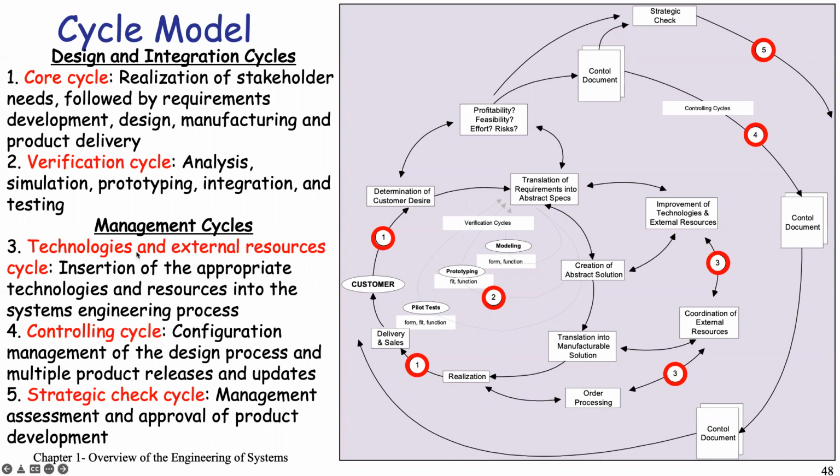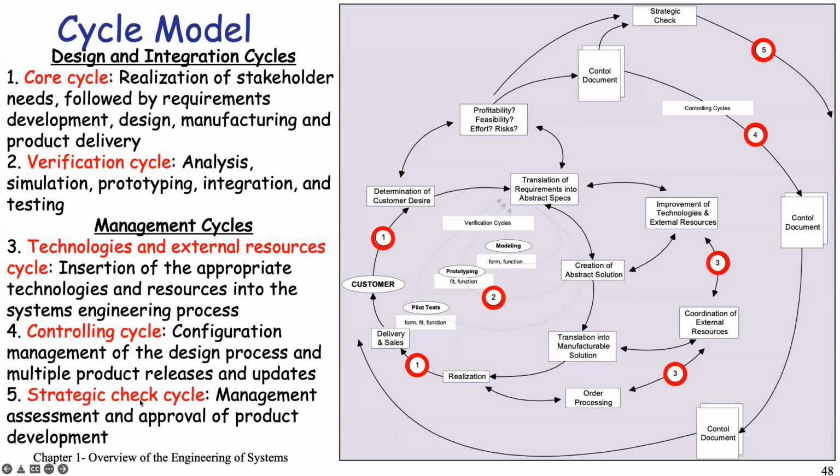Then we have the management cycles where we have the technologies and external resources cycle. This is where decisions have to be made. Well, okay, what technology are we going to use to meet the requirements? We have the controlling, where we're doing configuration management to make sure that everything is documented properly.